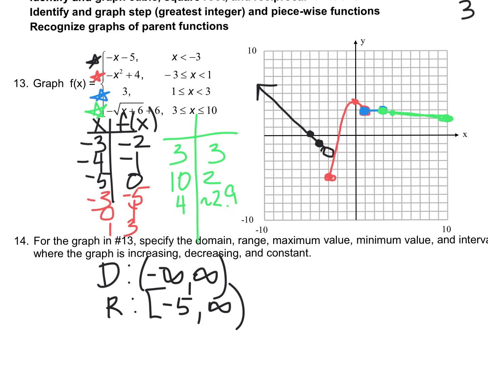Maximum values are relative maxes. Since right here we don't have an output, it really doesn't count. That would be our relative maximum right there. So I'm just going to put max value.